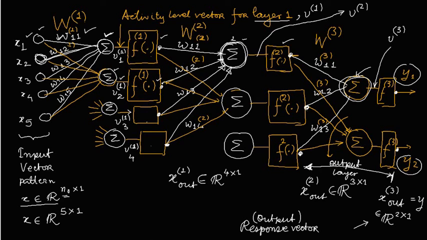And from the output of this up to the activation function, excluding the output of these activation functions, will be known as second hidden layer.